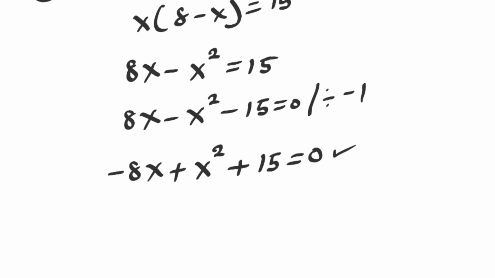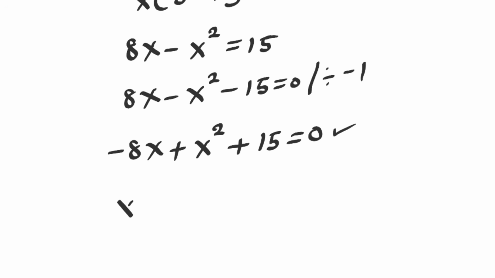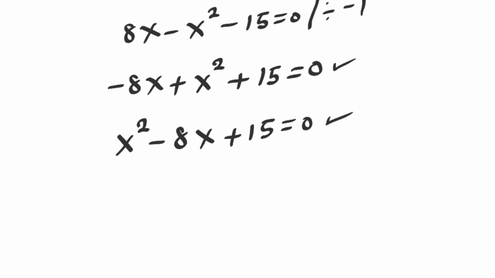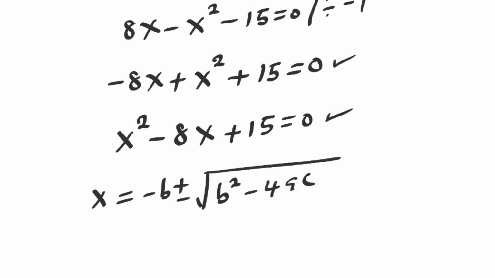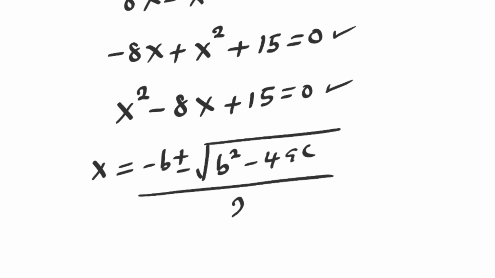Let us put this in standard form. x square minus 8x plus 15 is equal to 0. Let us solve this using the quadratic formula. x is equal to minus b plus or minus square root of b square minus 4ac, divided by 2a.